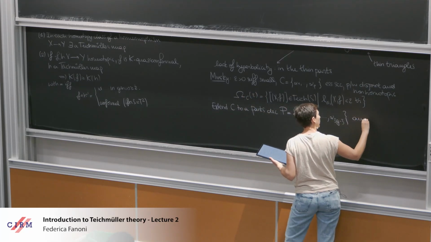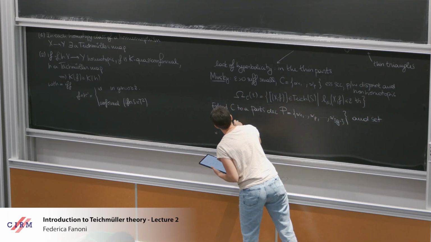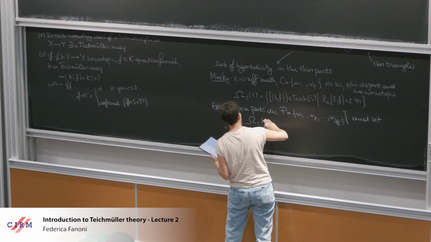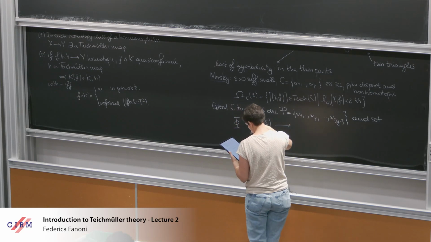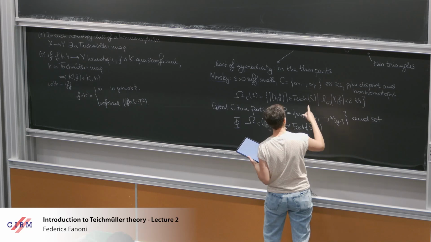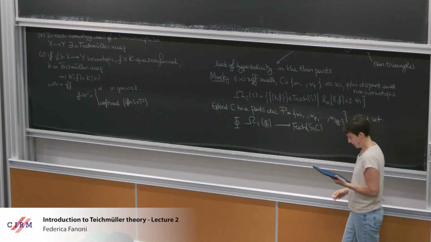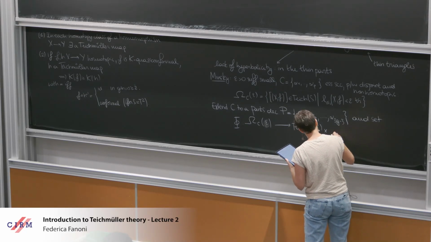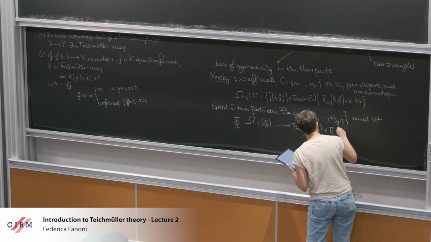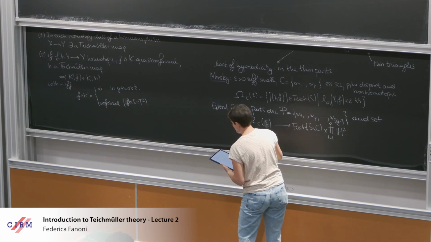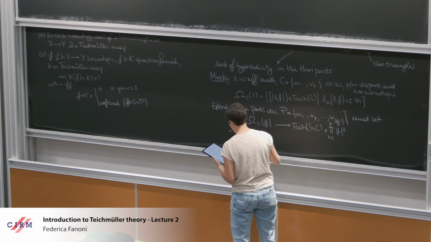So we look at the map phi that goes from this subset into the Teichmüller space of the surface where I removed these curves, and then I look at the product of hyperbolic planes. So I think of that in the coordinates given by the pants decomposition.